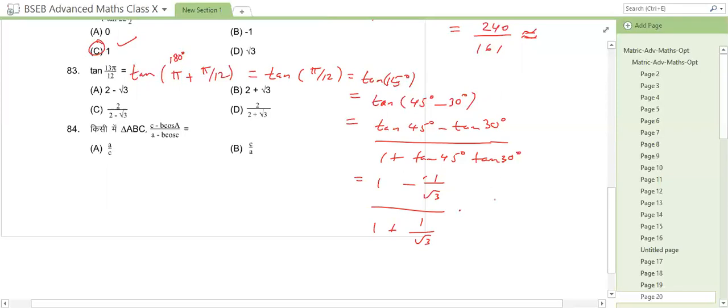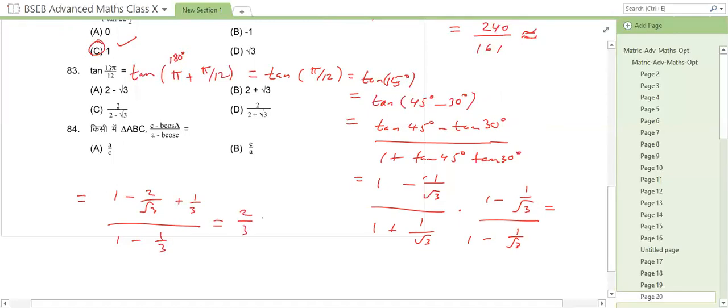Multiplying by the conjugate, 1 minus 1 over root 3, should give me 1 minus 2 over root 3 plus 1 over 3 divided by 1 minus 1 over 3.